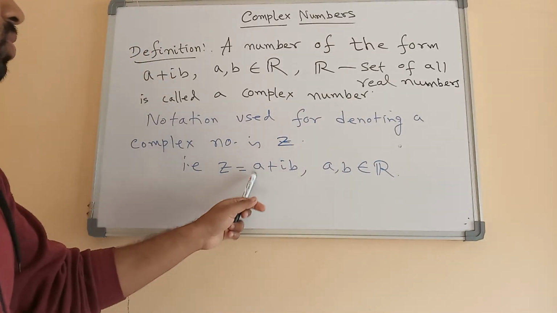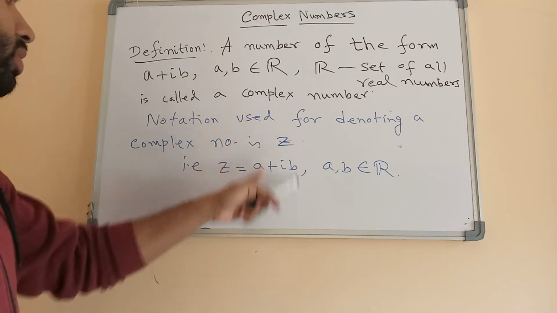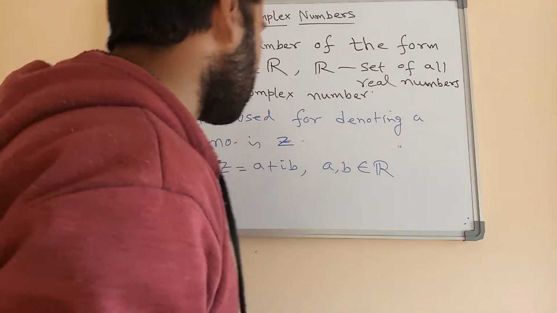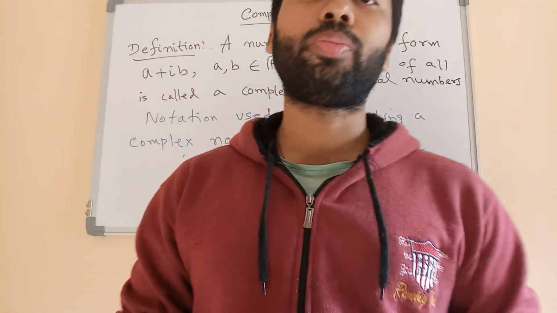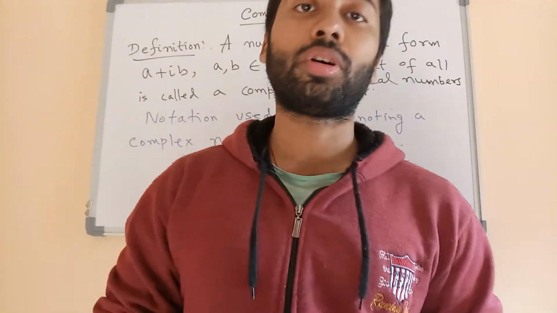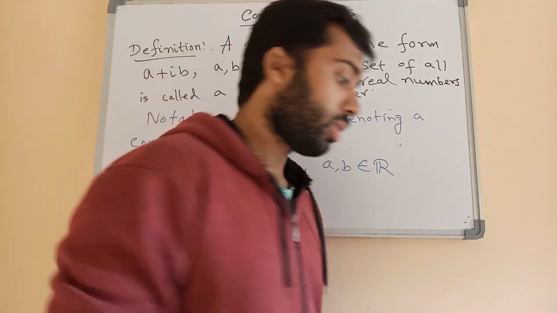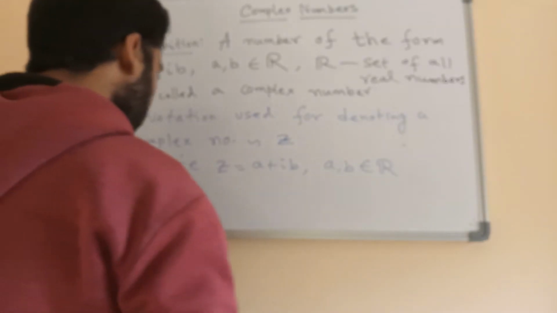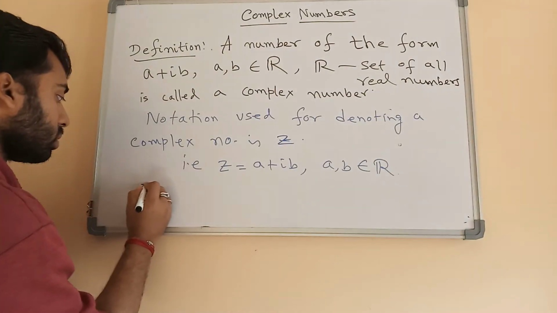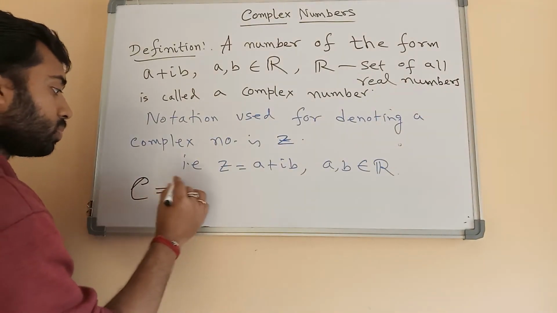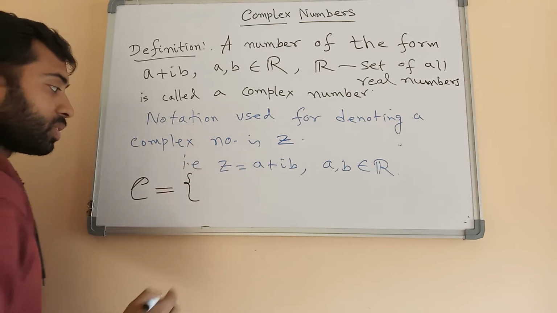For different values of a and b, we can get different types of complex numbers. Now I am going to represent the set of all complex numbers, which is denoted by C, which represents all types of complex numbers.